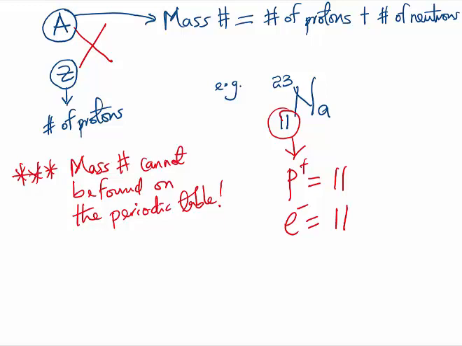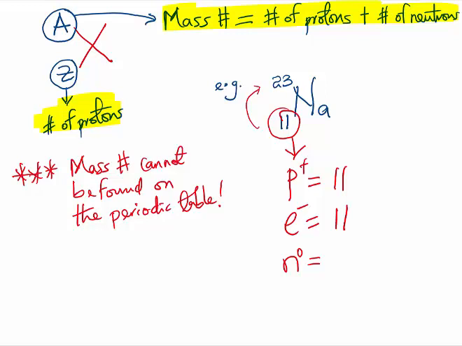How do we find the number of neutrons? And this is my symbol for neutrons. Well, we know that the mass number is equal to the number of protons plus the number of neutrons. And we already know the number of protons. So all we need to do to find the number of neutrons is to subtract the number of protons from the mass number.